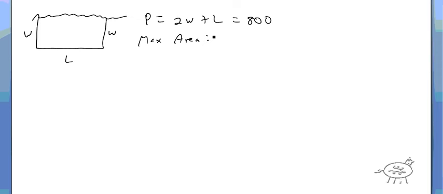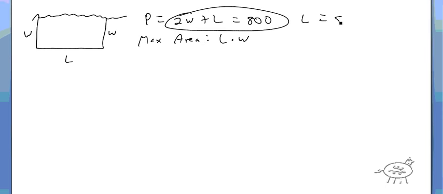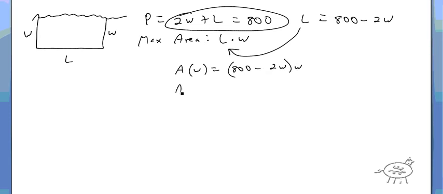So the area of this, of course, is length times width, and I'm going to solve this guy right here for L. So L is equal to 800 minus 2W, and I'm going to plug that into there. So we're trying to maximize area, so A of W equals 800 minus 2W times W. So that gives us 800W minus 2W squared.